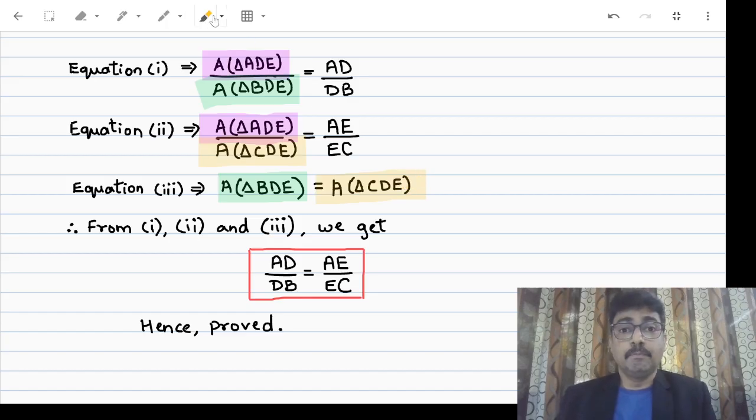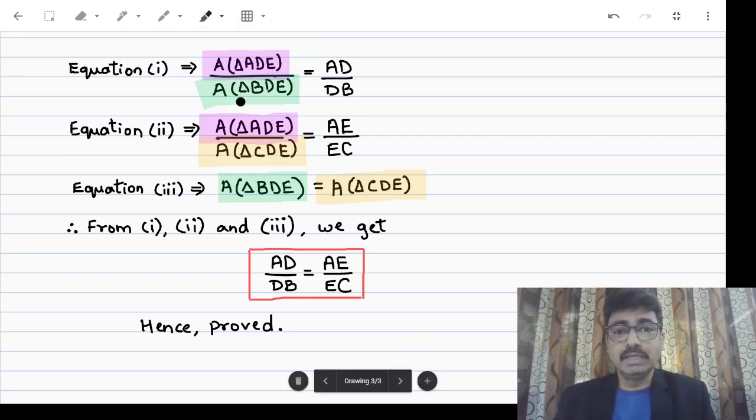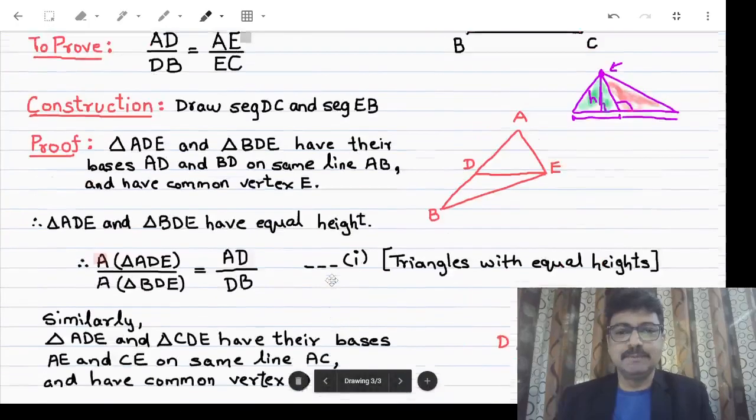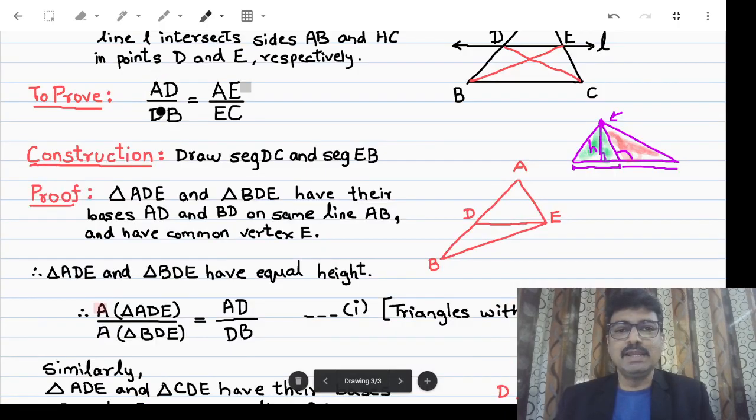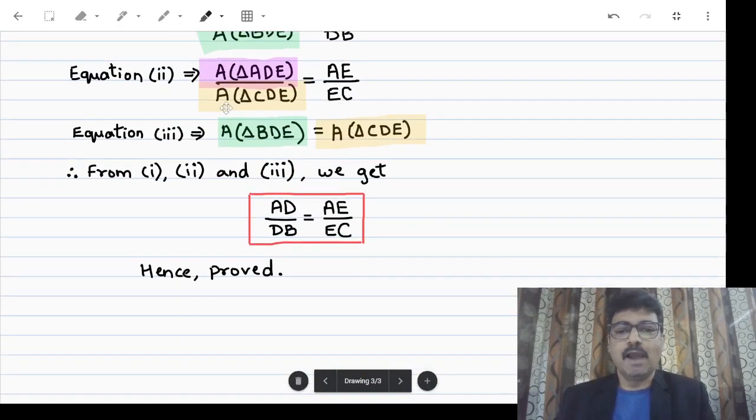So practically what we have proved is the entire left hand side of equation 1 is equal to the entire left hand side of equation 2. If left hand sides are equal, right hand sides are also equal. Therefore, AD upon DB will be equal to AE upon EC, which is exactly what we had to prove. Thus, we have proved the basic proportionality theorem.